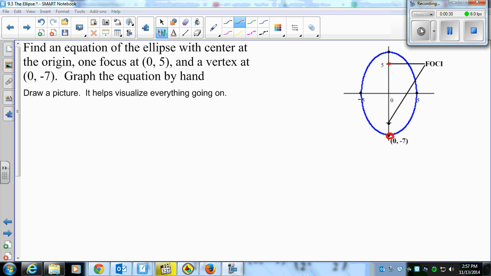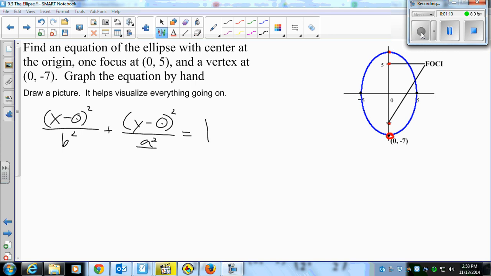Because of symmetry, I can go ahead and draw these other values out, and that helps me determine, well, everything is laying vertically, so I know the format of my equation is (x - 0)² over b² plus (y - 0)² over a², with a being my major axis because we're vertical.